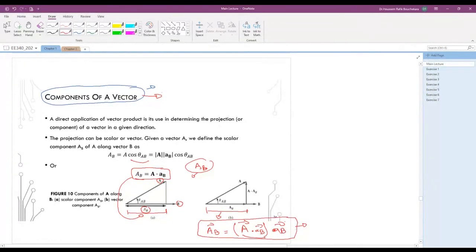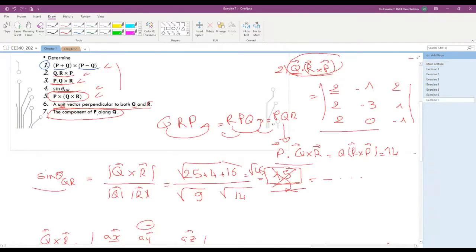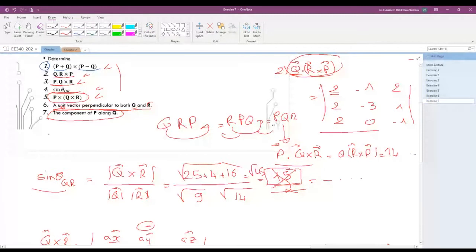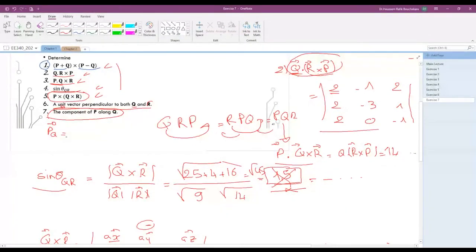Okay, I can use this relationship for my exercise. Here, the component of P along Q means that we want to determine P_Q. What does P_Q equal by definition?